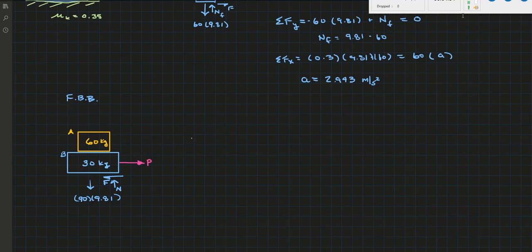But let's put our kinetics relationship in. Again, we have mass times acceleration.